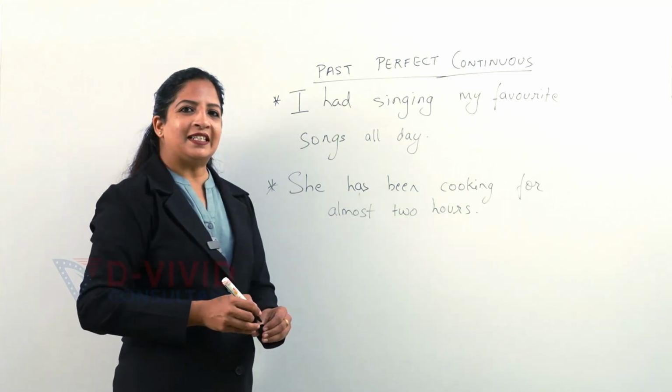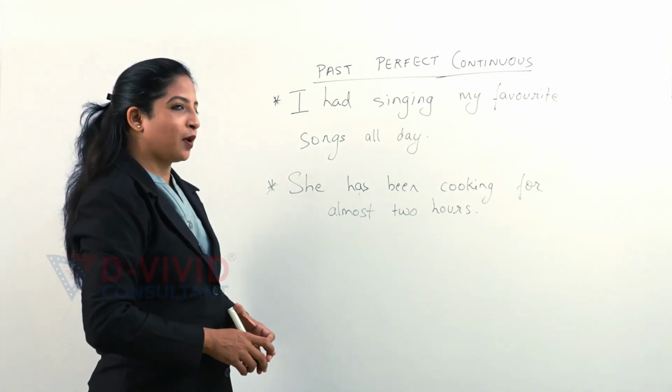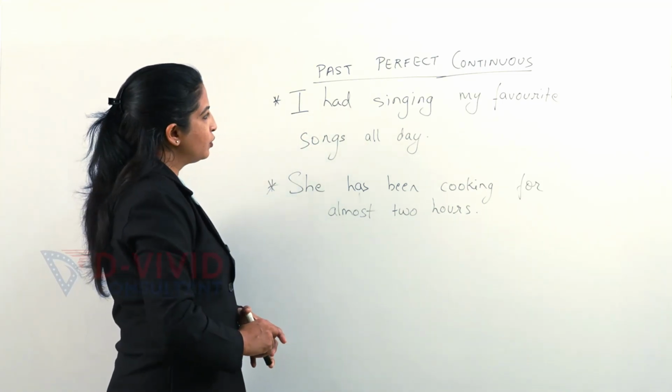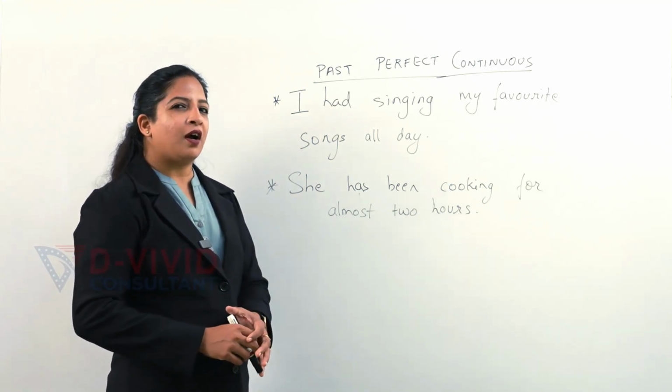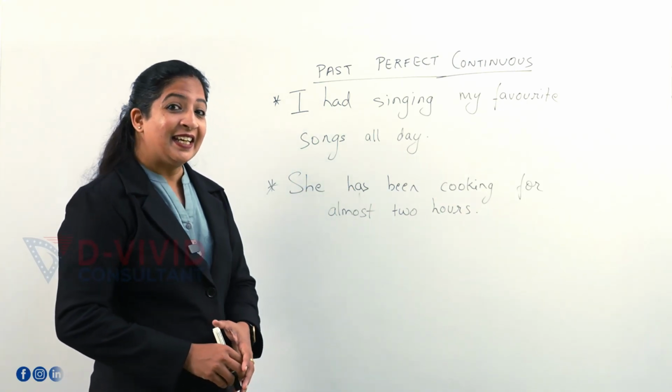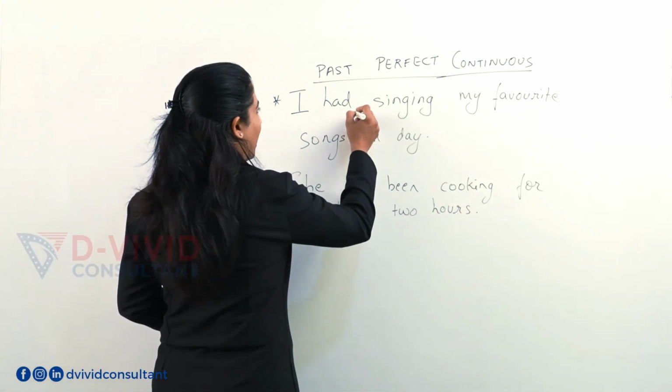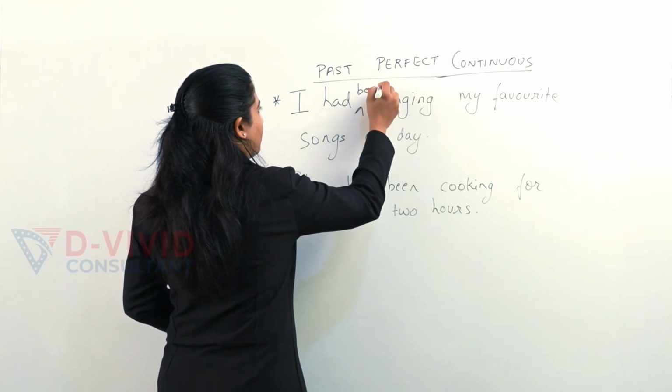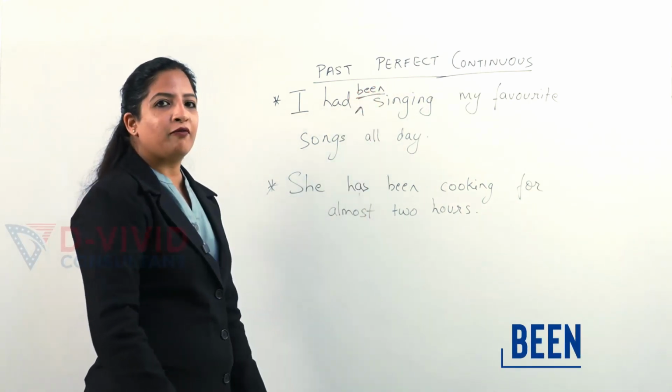I have written those sentences and I would like you to spot the errors. Here, what is the error? Are you able to zoom into the sentence and get the error? Yes, absolutely right. I have missed the been, the third form of be.